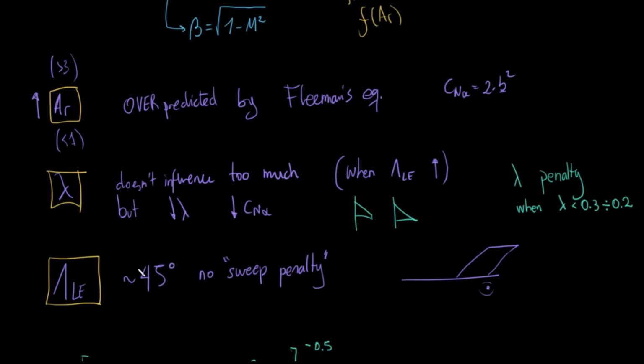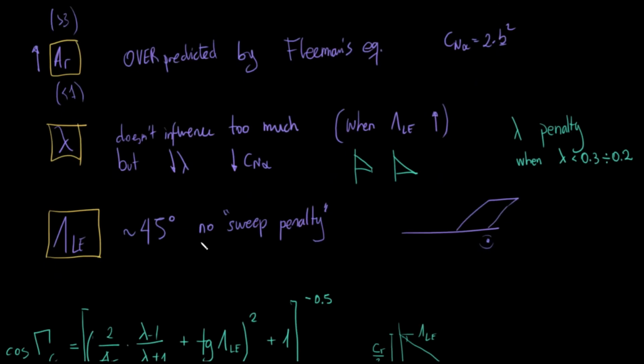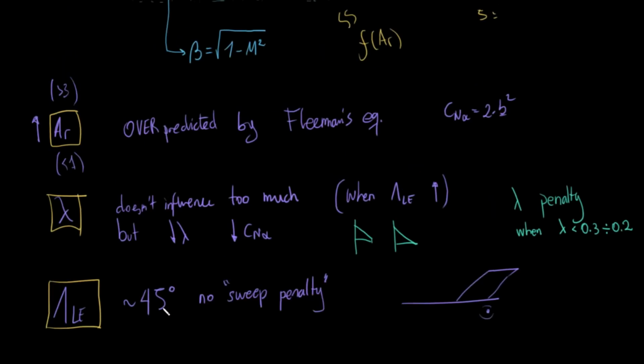It grows with the angle, but from 45 degrees it starts getting pretty strong, this penalty. Just for your information, taper ratio in Rexes is like 0.7 or so. The sweep angle on the leading edge in Rexes, I guess it's something like 45. I told you it's a typical angle.